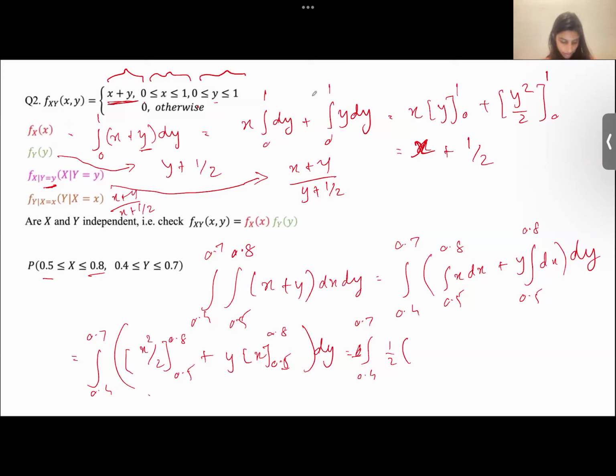So if you substitute this, you get 0.39 plus, 0.8 minus 0.5 is 0.3. So you'll get 0.3 y dy.